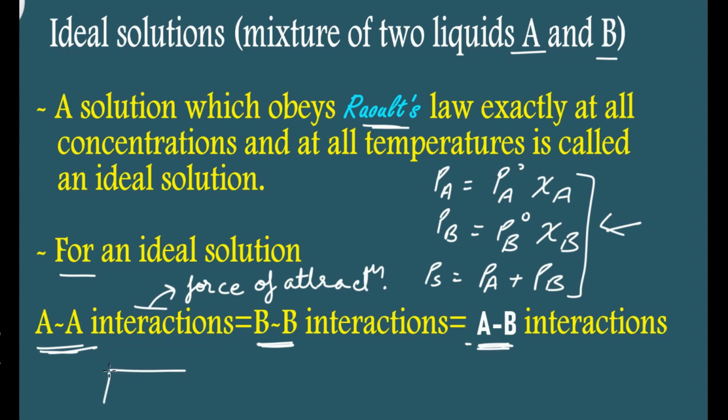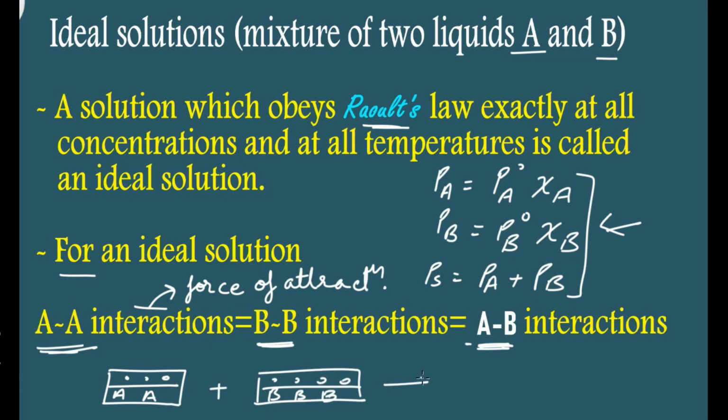Consider an example. We have a closed container in which A is present in liquid as well as in gaseous state, plus we have another container in which B is present with gaseous vapors.